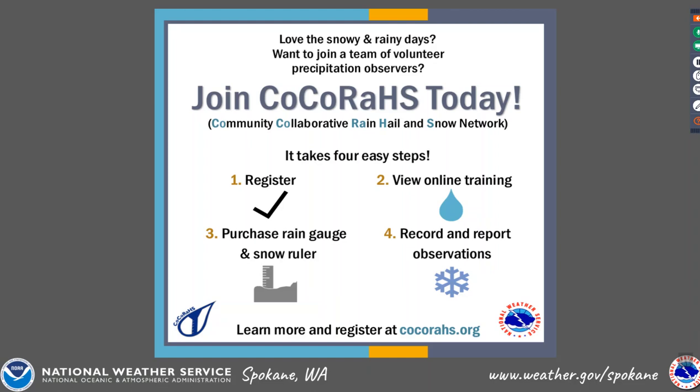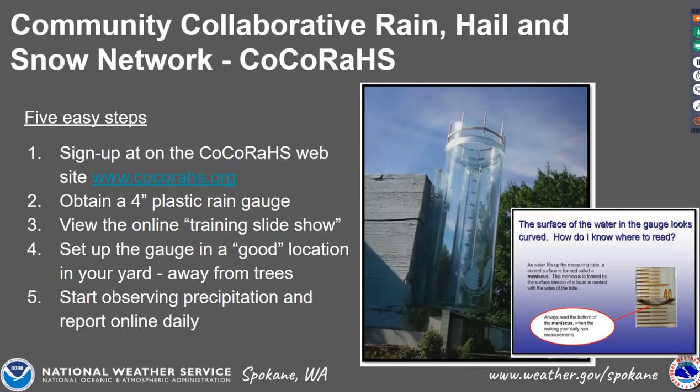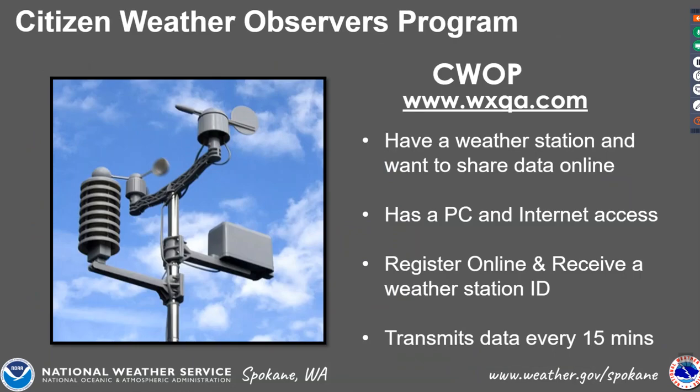And we get them every day in our computer system, and they are incredibly helpful, especially in the wintertime, to get snowfall reports of how much snow you've received. So there is a CoCoRaHS website, you can see here, and it shows every day precipitation amounts from the CoCoRaHS observers that have submitted. It's very easy to do, and Robin's going to give a class on that, and so she'll answer any questions you have about CoCoRaHS. But really all you need is just a rain gauge and a ruler to measure your snow. So pretty simple.